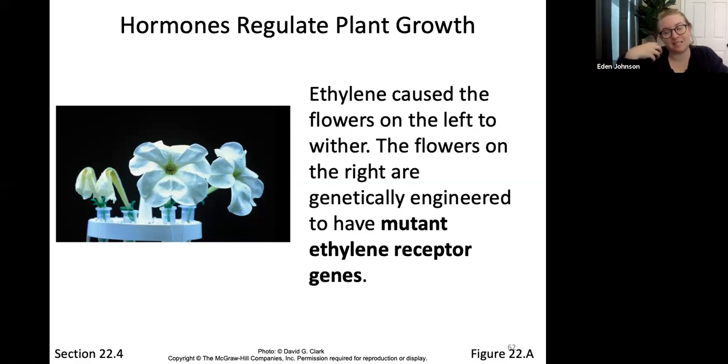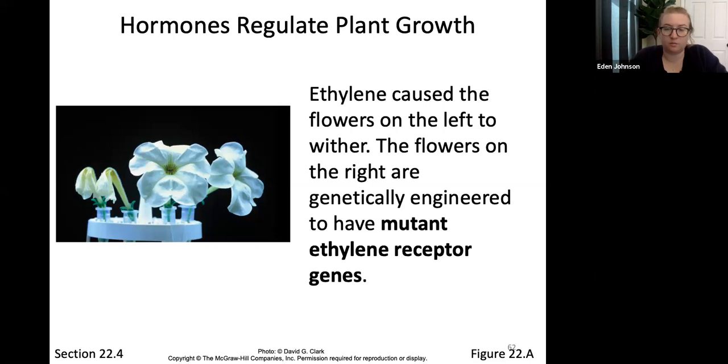It is not sensing that there's ethylene in the environment. So the flowers are not wilting. Ethylene is being released, it's just not being sensed by these flowers, so you have a way longer wilt time.